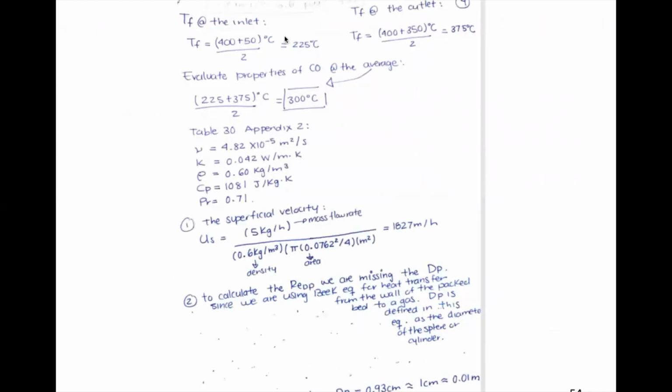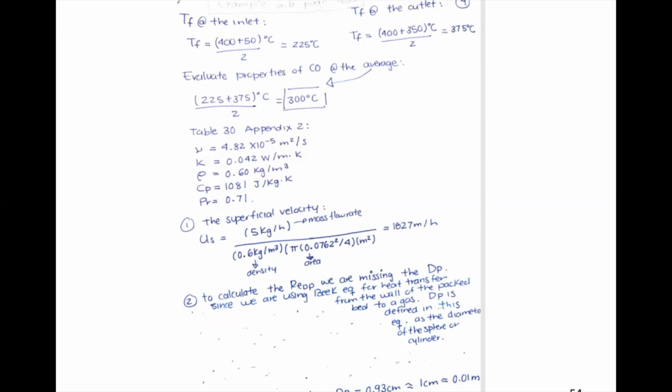As established by Beek, we need to get the film temperature. The film temperature at the inlet is (400 plus 50)/2, and at the outlet is (400 plus 350)/2. Then we evaluate the CO at the average of these two, T-film inlet plus T-film outlet divided by 2.